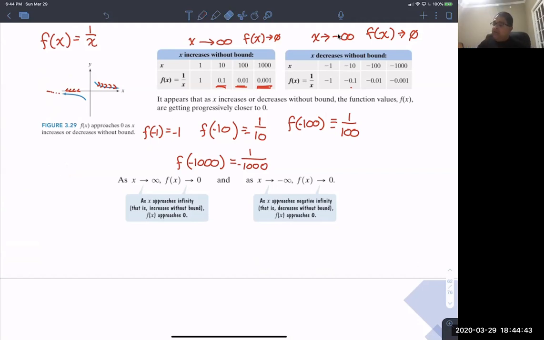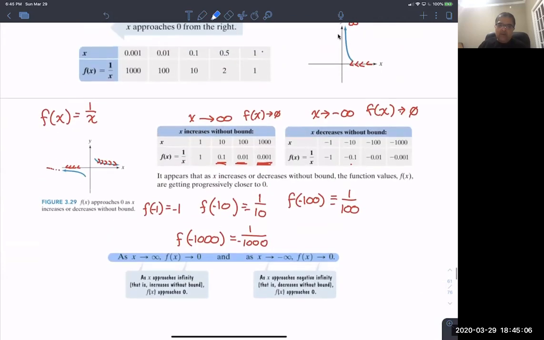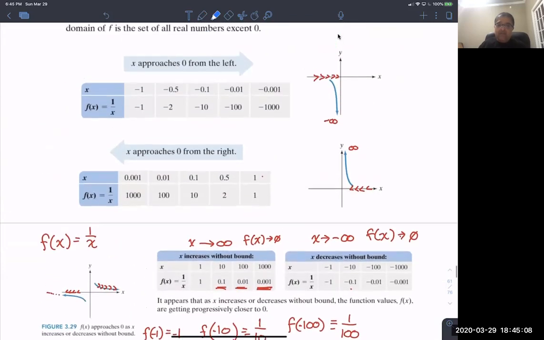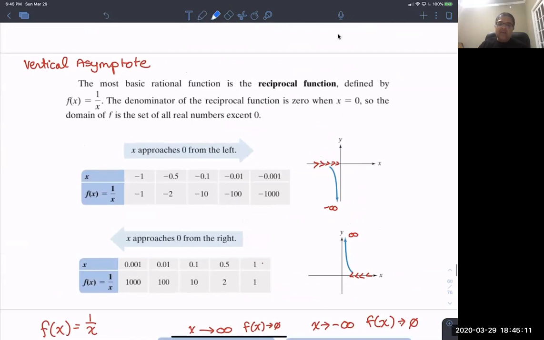So take home point: if x goes to infinity or negative infinity and f of x, your output, is approaching a number, that's a horizontal asymptote. In this case 0. But as x gets closer to a number and f of x goes to infinity or negative infinity, that is known as a vertical asymptote.